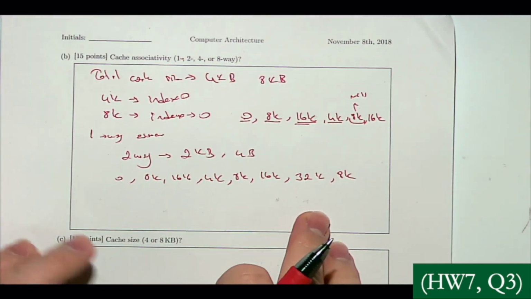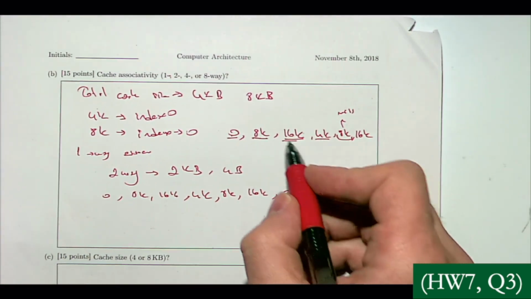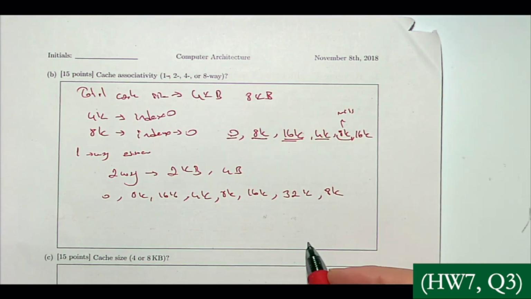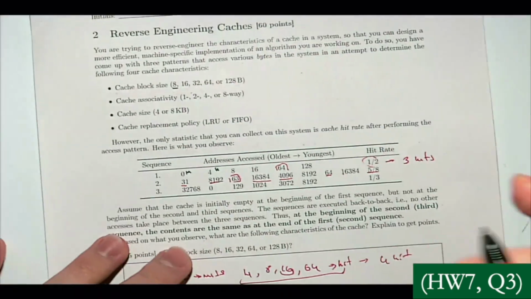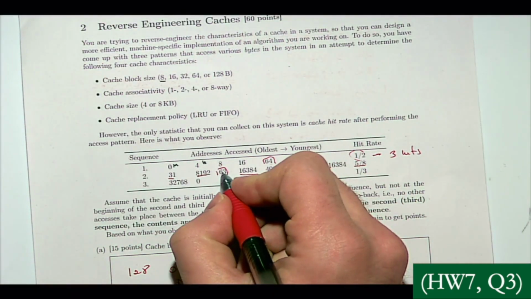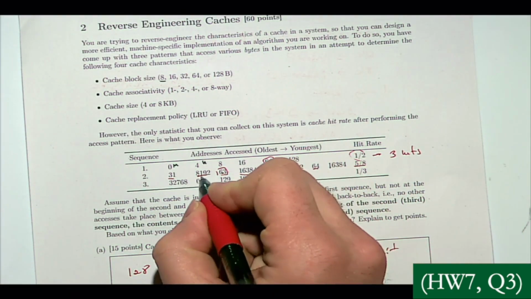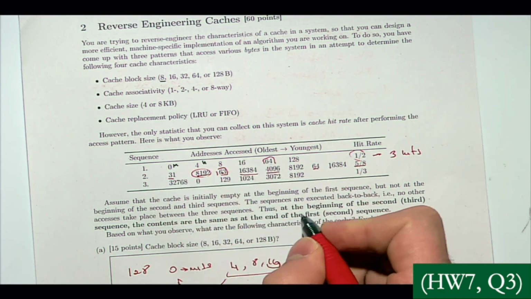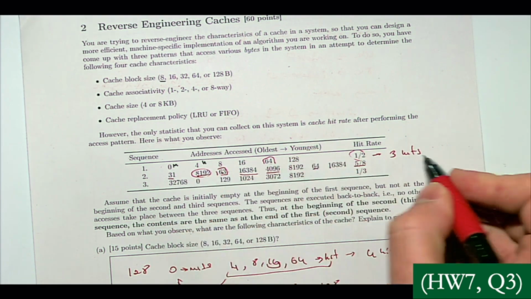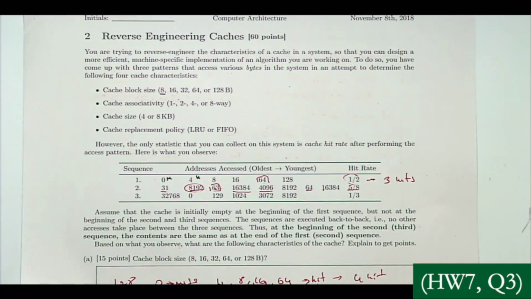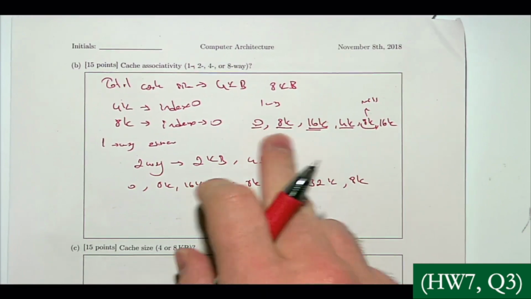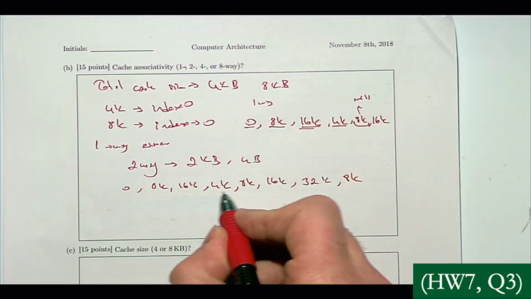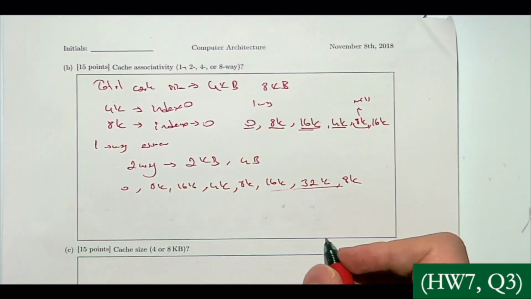This was one-way. So the explanation is similar to the one that I did here. For the 4-way, you can also consider 63 here. 63 will be a miss as well, because I'm going to replace 0 with 8K, and then 63 will be a miss, and this will again reduce the number of hits here. So for the 2-way, it's similar.